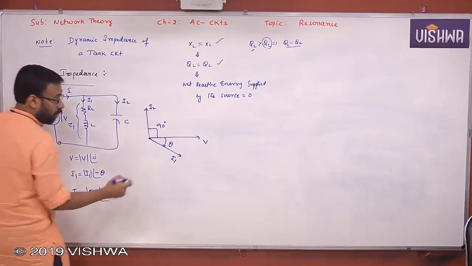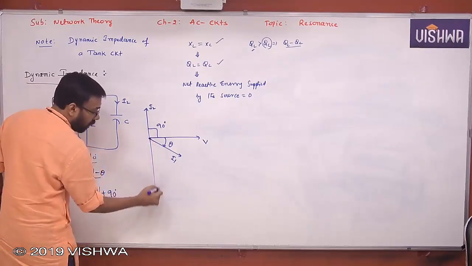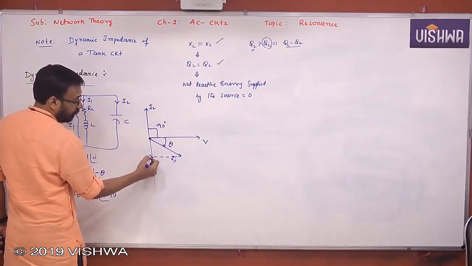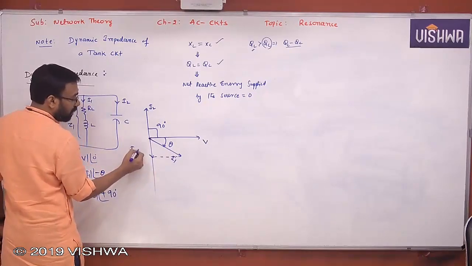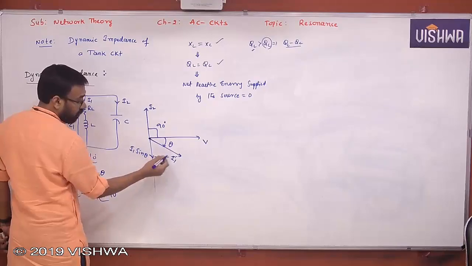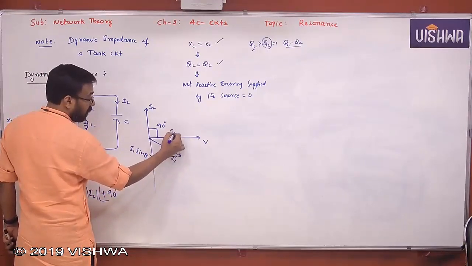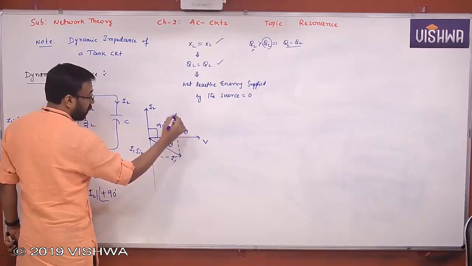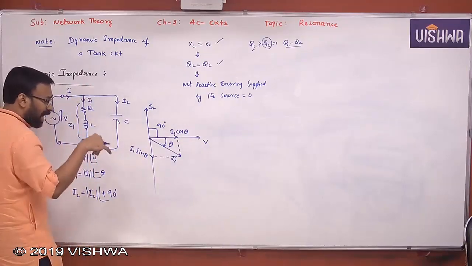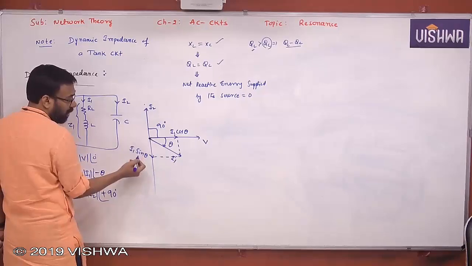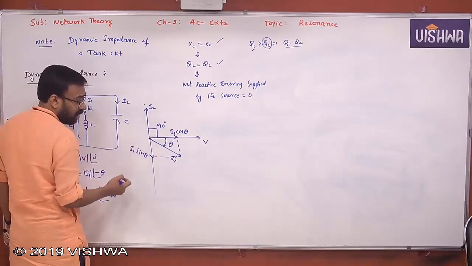All of you? Therefore, you see this now. This is the imaginary part, I1 sine theta, the vertical component. What about this? The horizontal component, I1 cos theta. Now what is I actually here? In case I2 is equal to I1 sin theta, both get cancelled. What is the total I?